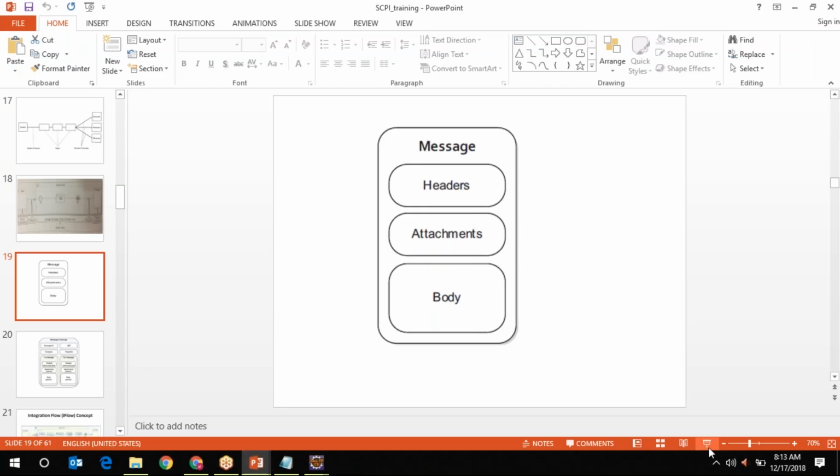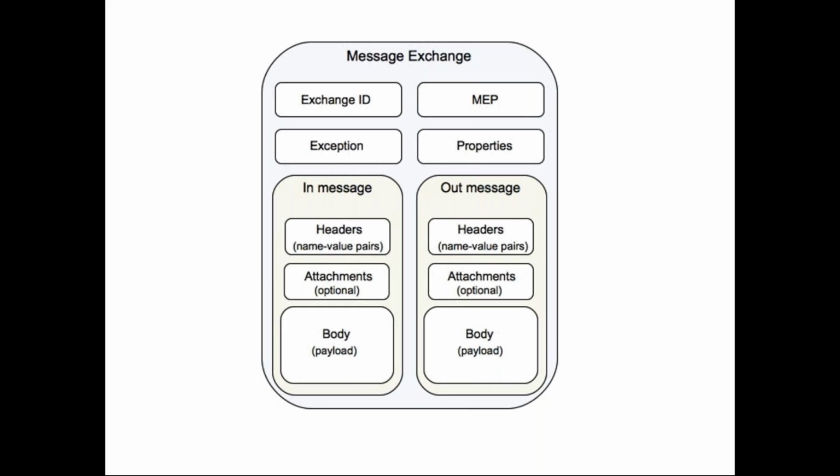The exchange pattern will be like this. Each message, when moving from one step to another, goes through a message exchange, and it contains these details. These parts of the message make up an exchange, and it moves from one step to the next.